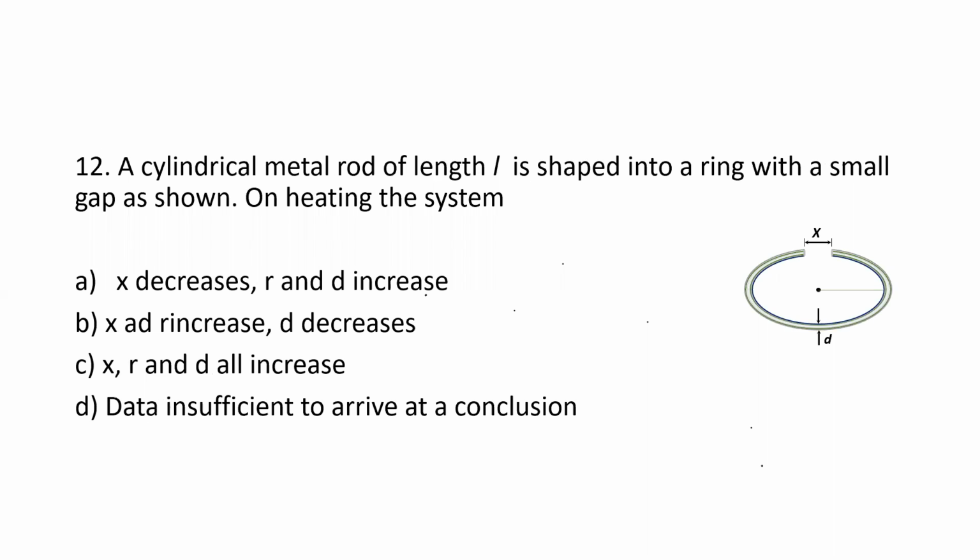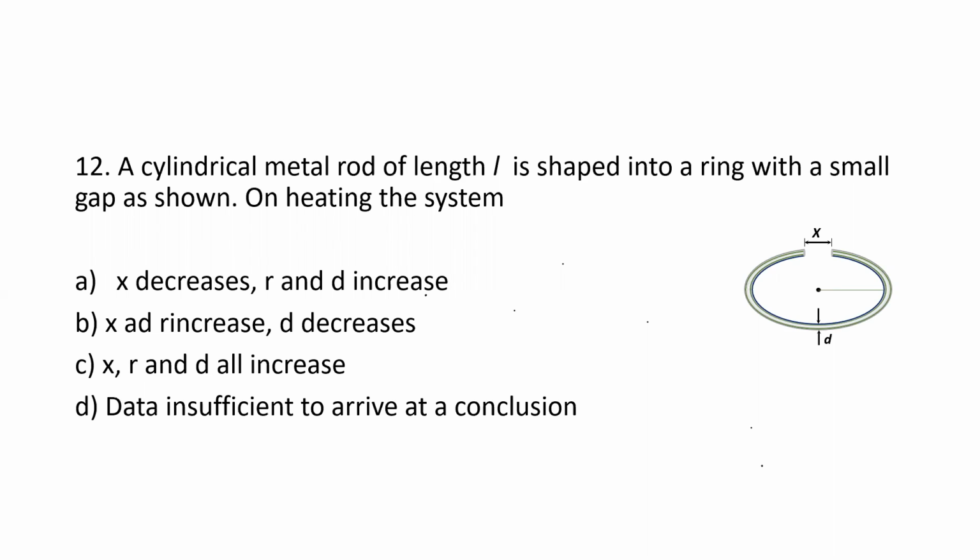R here is the radius. The options are: X decreases, R and D increase; X and R increase, D decreases; X, R and D all increase; data is insufficient to arrive at the conclusion.